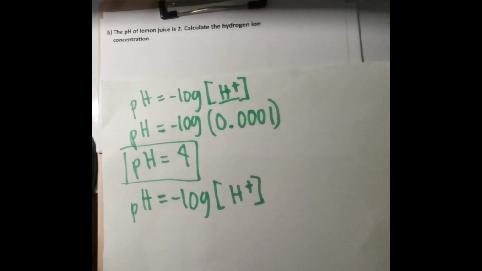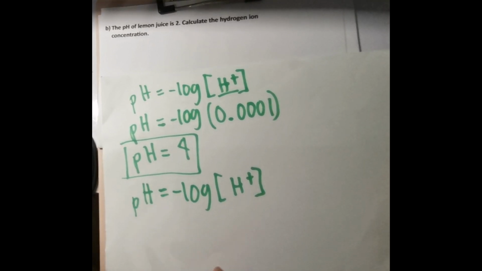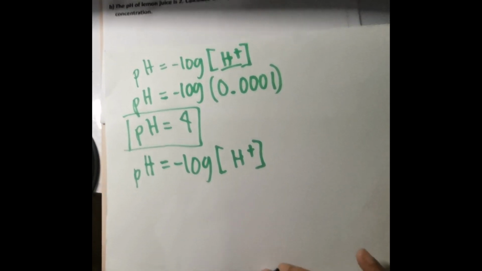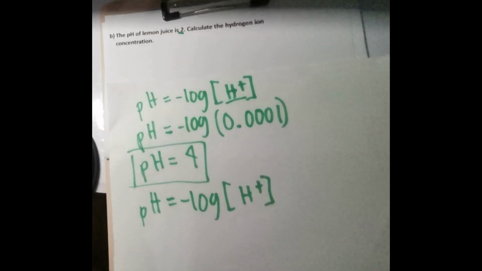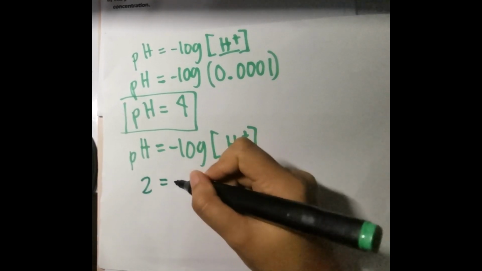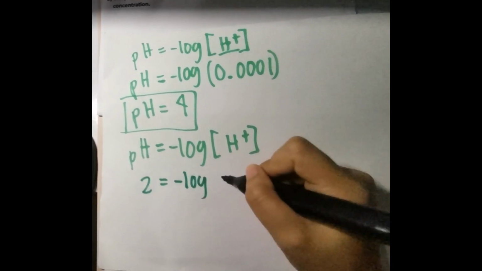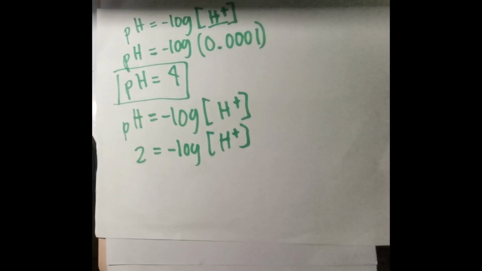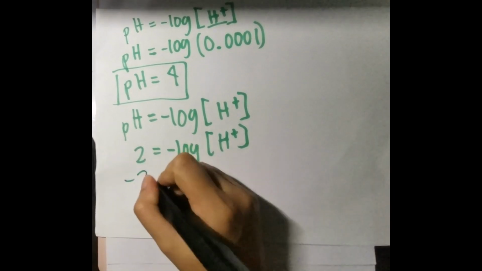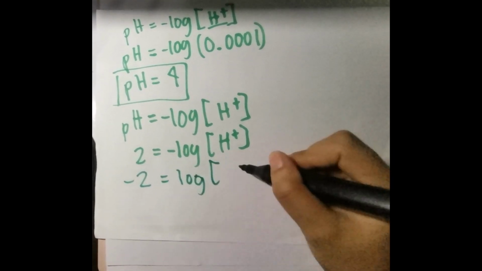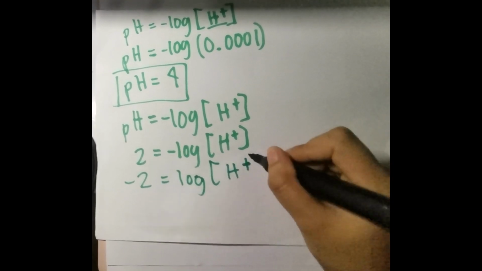To calculate the hydrogen ion concentration in lemon juice, we will substitute the value for the pH, and we know that the value for the pH is 2. So we will substitute 2 is equal to negative log H plus. Then we will have negative 2 is equal to log H plus.